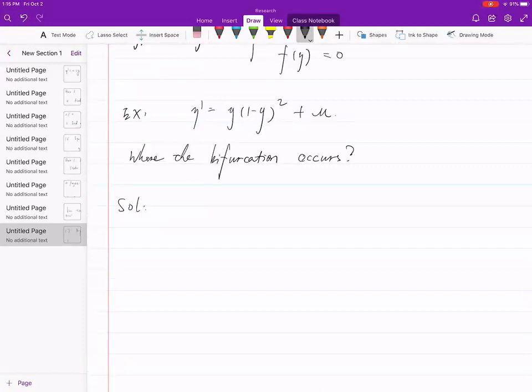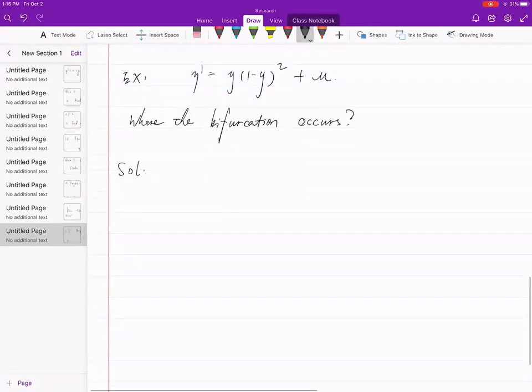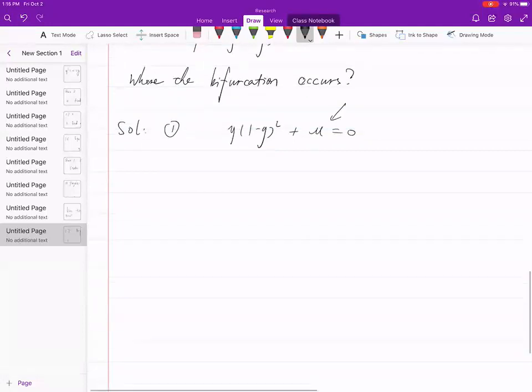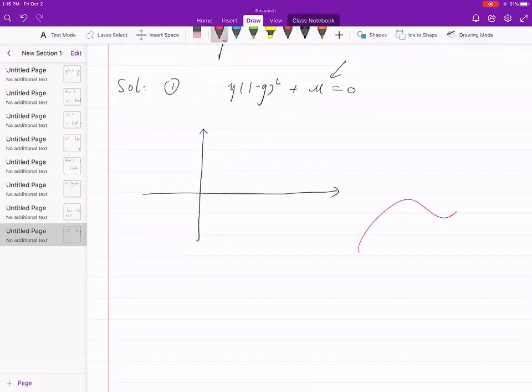Well, two conditions. Number one, the number of equilibriums can change. So we need to look at this one and see, as we change mu, how will the whole thing change? Well, it's not hard to draw the graph. You can use Desmos or anything. The graph roughly looks like this.